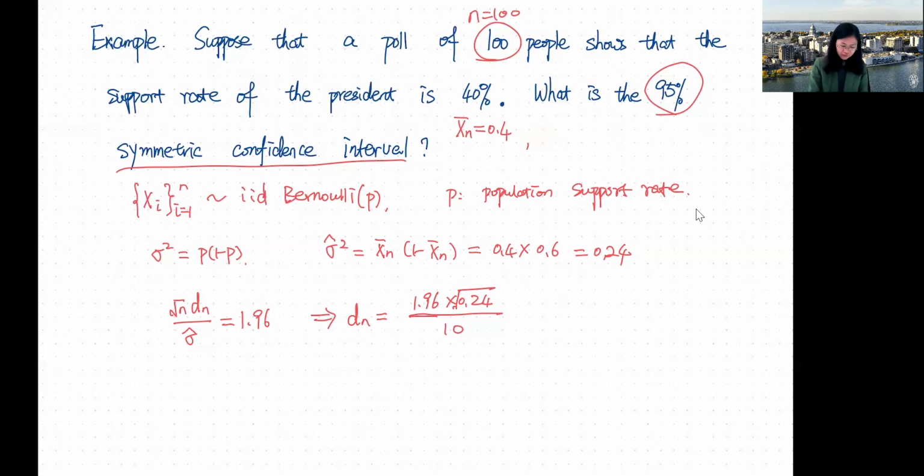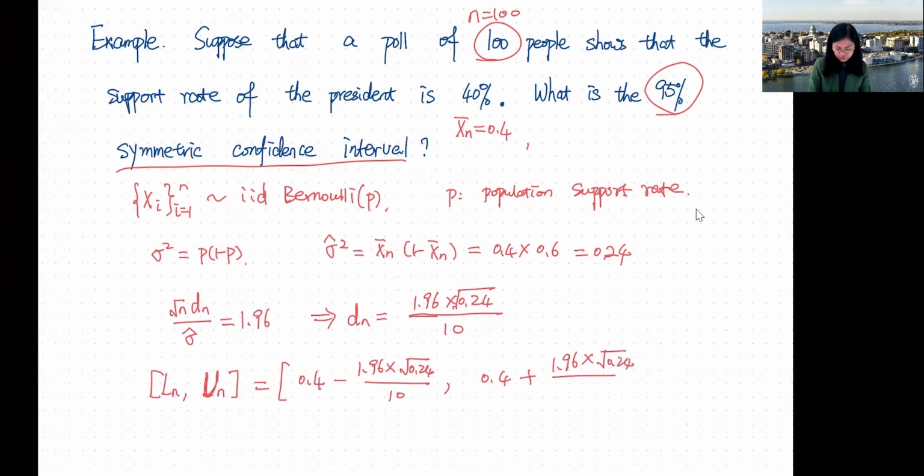So that is the dn, and the confidence interval of this confidence level will be Ln, Un, from X bar, which is 0.4, minus dn to 0.4 plus dn. So that will be the confidence interval for this data set.